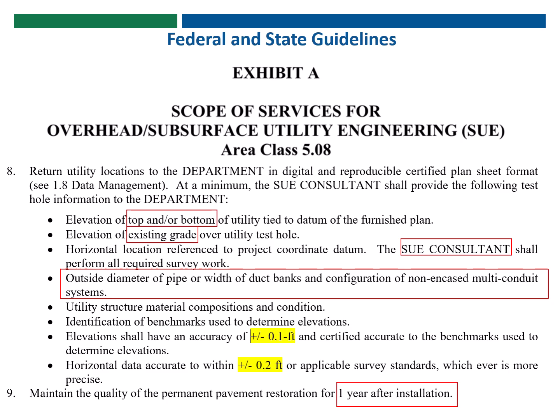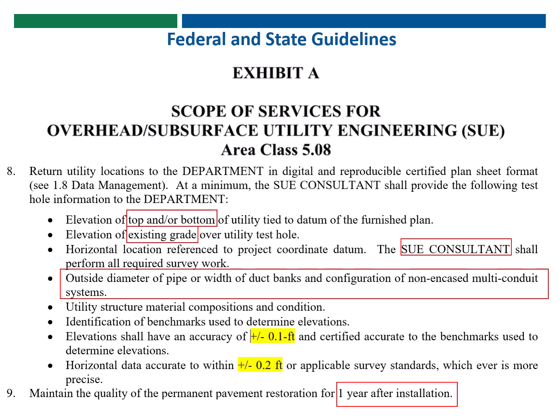The SUE consultant shall perform all required survey work. That includes the designation, surveying the designated line work, as well as all of the survey required within the test hole itself.